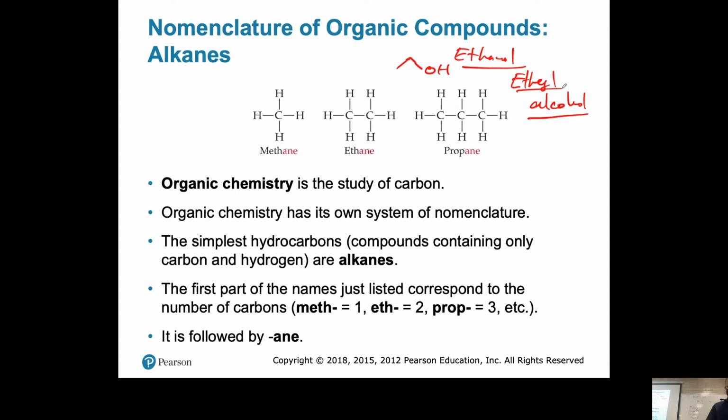Remember, eth means two carbons. You probably don't know what that means yet since you haven't learned line angle drawings. There's a carbon there, a carbon there, hydrogens there and hydrogens here. So that's ethanol.